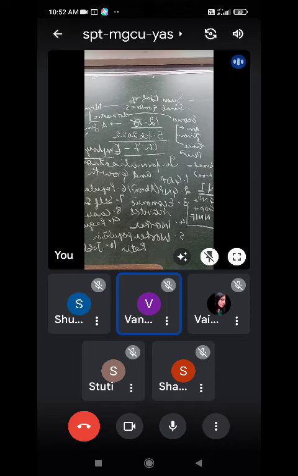Definition: worker population ratio is an indicator used for analyzing the employment situation in the country.